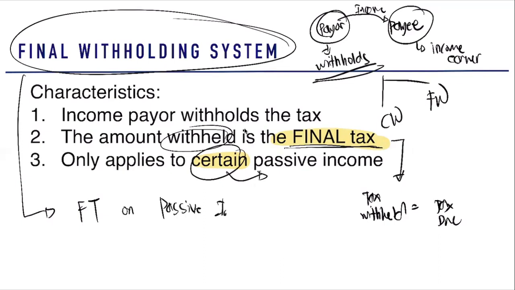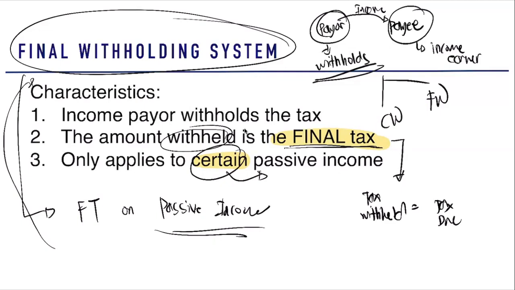Take note, the final withholding system also applies to dealings in properties, so the characteristic there is that it only applies to certain dealings in properties, right? How about in your partnerships? You learned that the final withholding system applies to certain partnerships only. So this characteristic of a final withholding system, we apply it to your passive income.